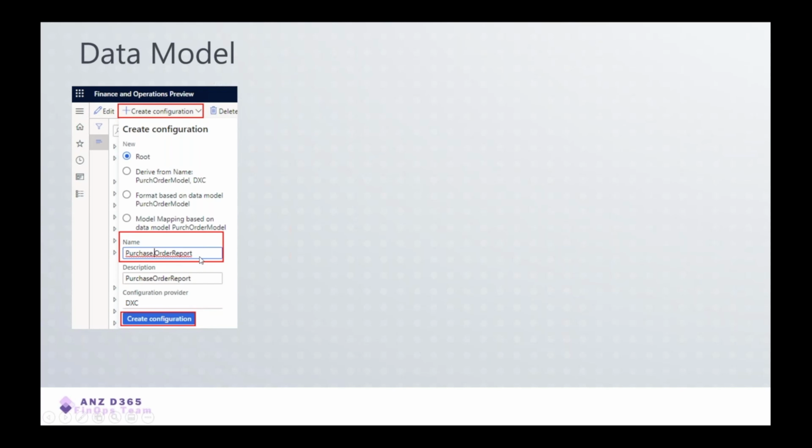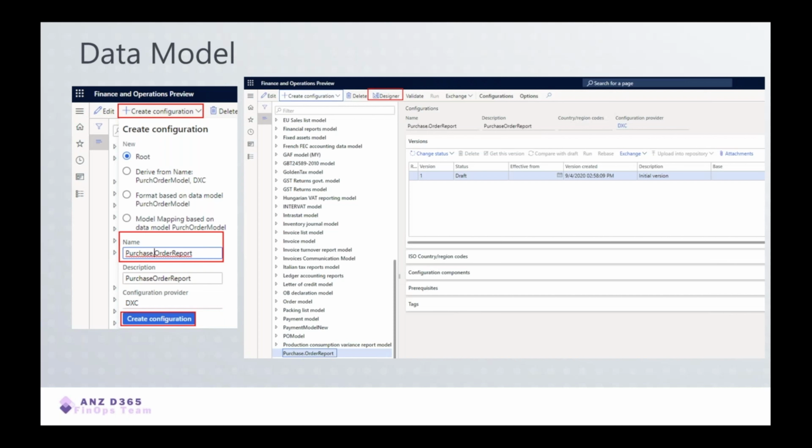You define your report name here, and define your configuration provider. It cannot be Microsoft. It should be your configuration provider, since it will be placed in your repository. Once you do that, click on create configuration. Then, in order to define the data model, you click on the design button.